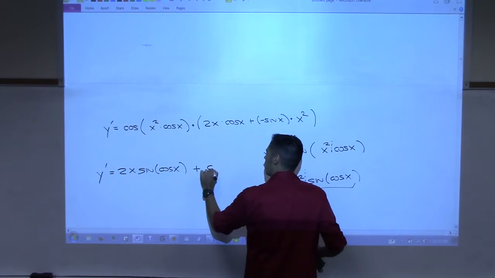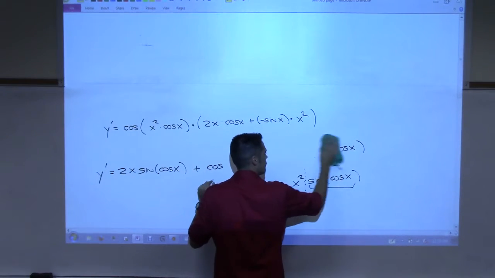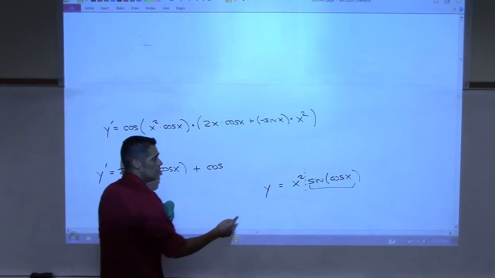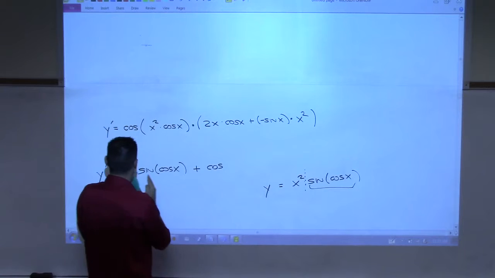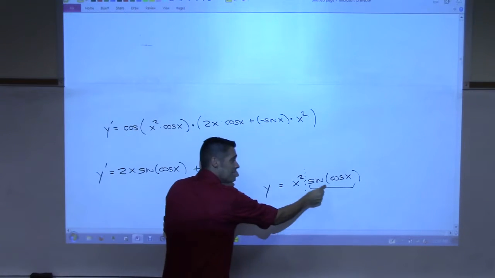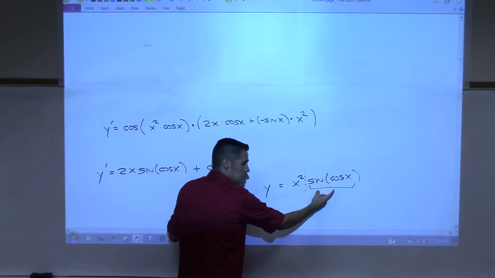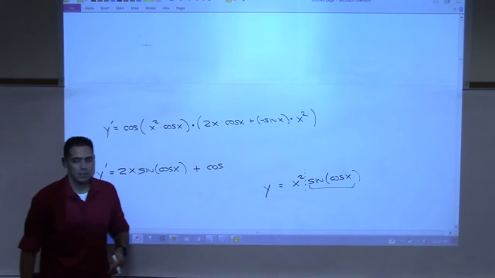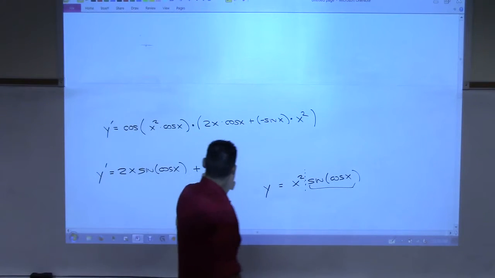So it'd be cosine of what? So you're doing a product rule within a product rule? No, I'm doing a product rule. Derivative of this one is 2x times the second one, plus when I do the derivative of the second one, that's a chain rule, right? So derivative of that is cosine of x.